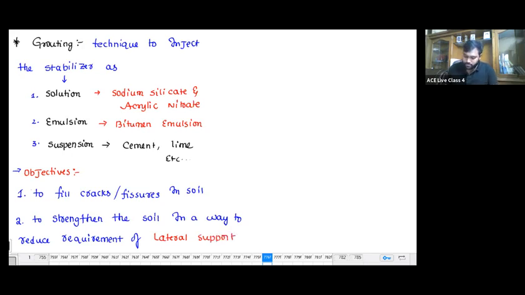Next, third one, to stabilize the soil mass against liquefaction.